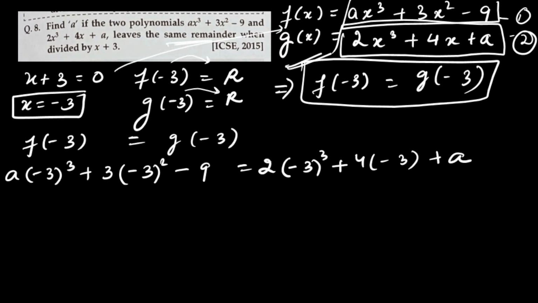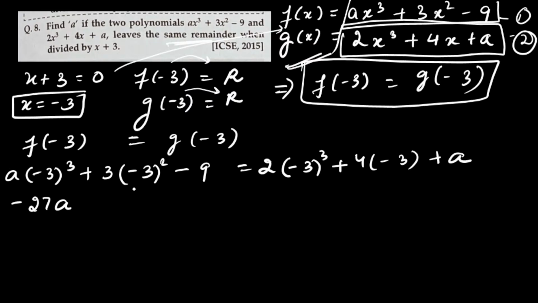So now we can just simplify this. Cube of minus 3 is minus 27. So a into minus 27 is minus 27a. Cube of a negative is always negative. Square of a negative is always positive because two minus signs get cancelled.